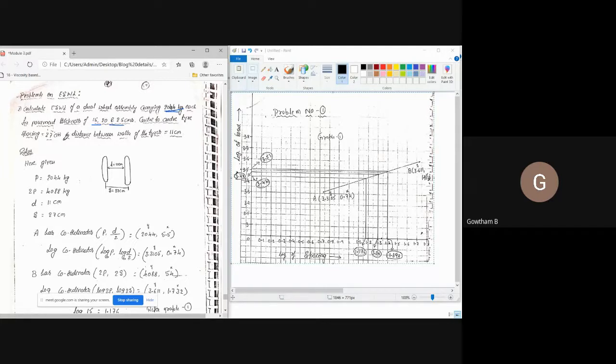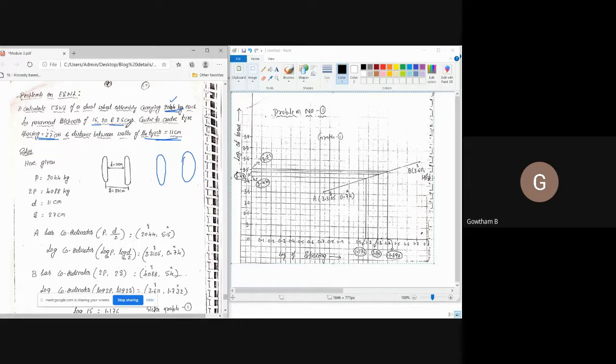Center to center tire spacing is given as 27 centimeter and distance between the walls of the tire is given as 11 centimeter. That means here two wheels are there like this. On both the wheels, load is 2044 kg.